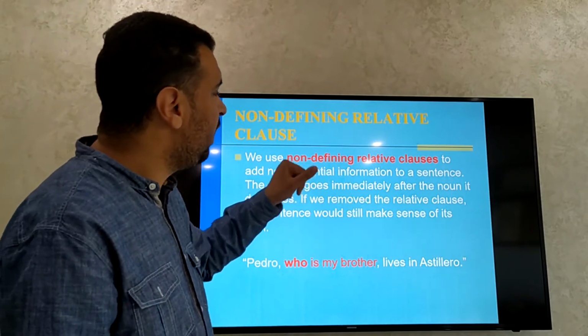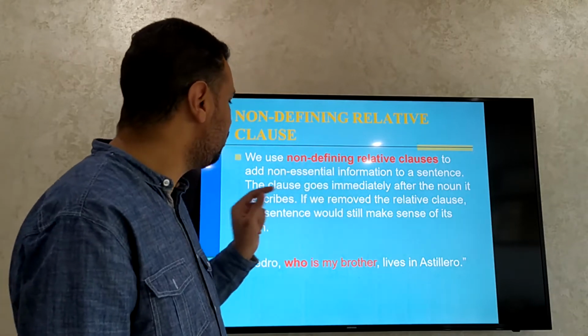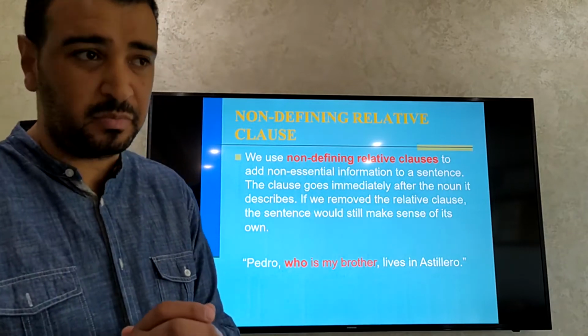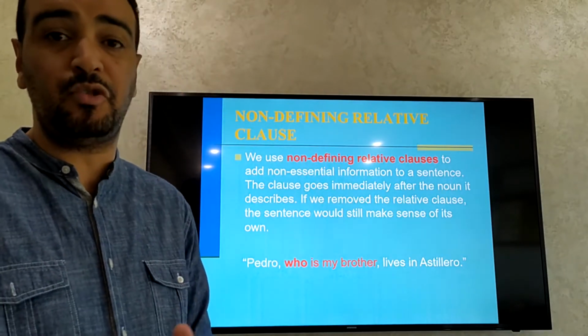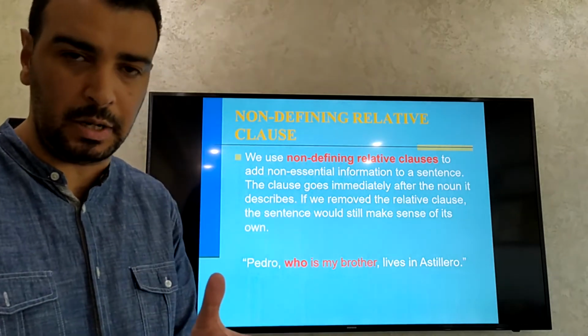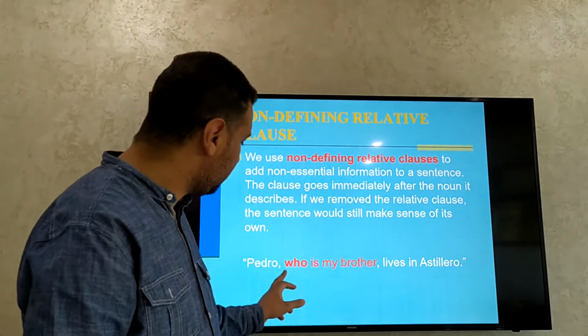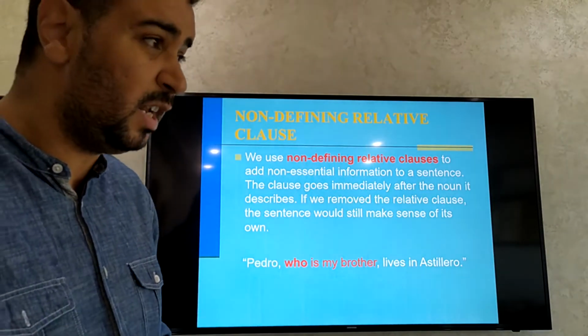We use non-defining relative clauses to add non-essential information to a sentence. If the added clause gives additional essential information, then it is restrictive, defining, and we cannot omit it. If it is placed, like in this example, between two brackets, then it is non-essential.